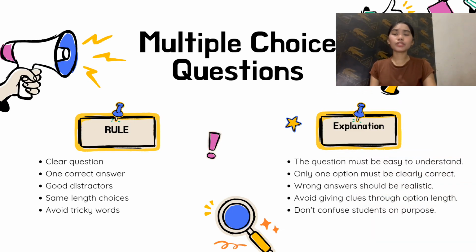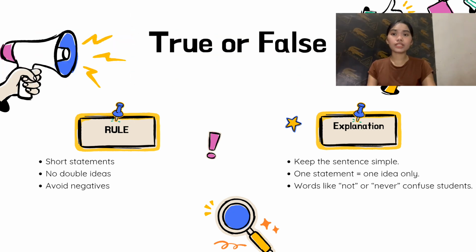For the multiple choices, dapat malinaw ang tanong para alam agad ng mga students kung ano nga ba yung hinahanap nila. And then, isa lang dapat ang tamang sagot. Huwag gawing dalawang posible kasi mas nakakalito yung ganun. Ang rule din kasi nito is, ang maling sagot ay dapat mukhang pwede para hindi obvious kung alin yung mali. Ayan. And the second one is the true or false.